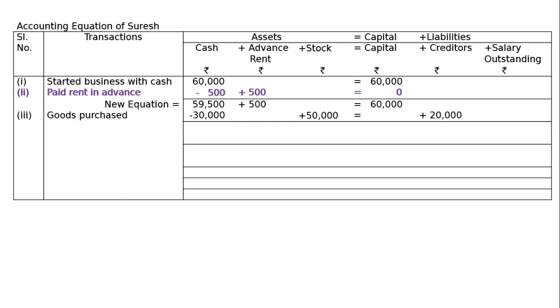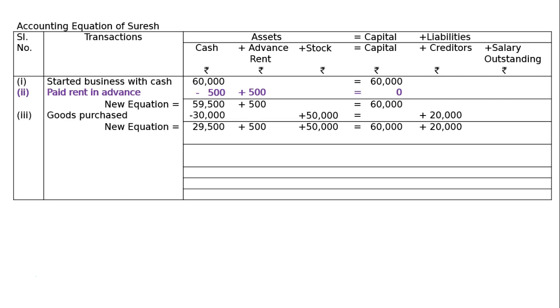We are buying on credit rupees 20,000 and for cash 30,000. Hence total stock coming in is equal to rupees 50,000. LHS is equal to RHS, 20,000 each.